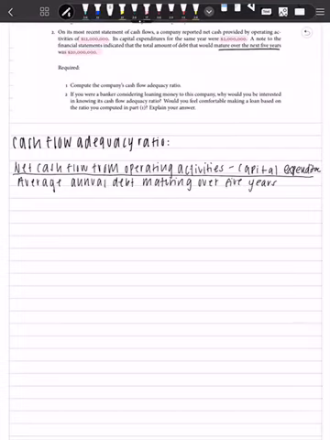So this is all the parts that are present in this ratio.